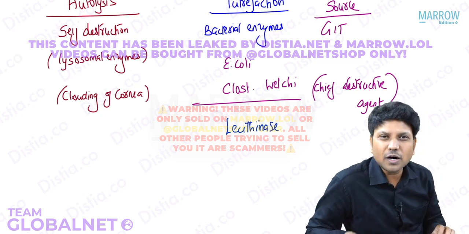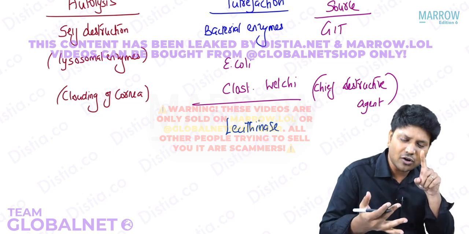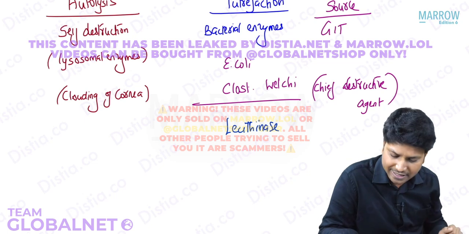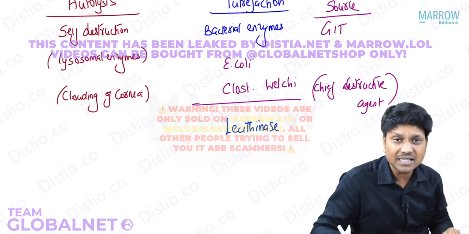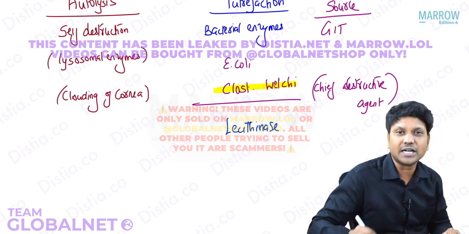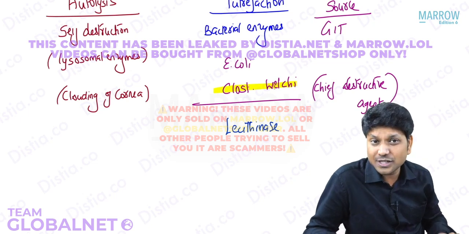Lecithinase is a very important enzyme in the putrefaction process. It can cause hemolysis, and lysis of proteins, fat, thrombus, everything. Since lecithinase is produced by Clostridium welchii, this fellow is the chief destructive agent.